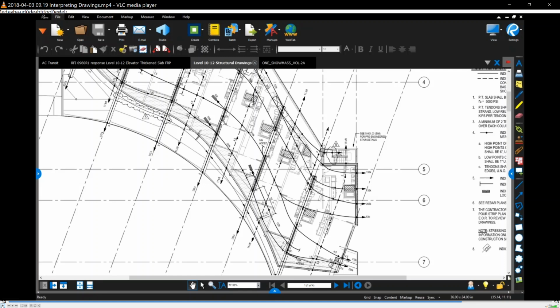So the post-tension shop drawings will say use 5 half-inch cables, stress each cable to this amount of stress. And then the same thing with the rebar shop drawings Brad was showing before. The rebar shop drawings show where every single stick of rebar goes. It's highly detailed, whereas the engineer's plans are less detailed.